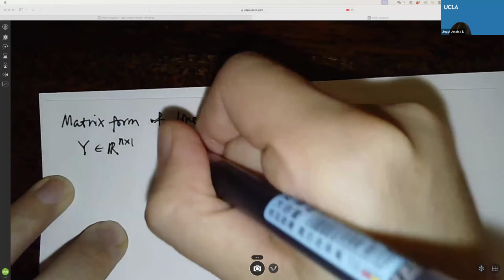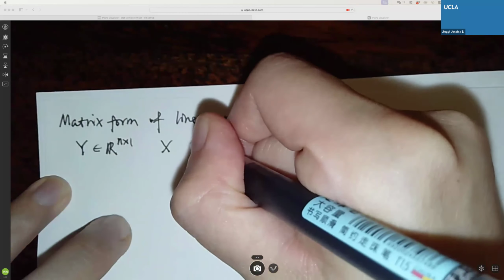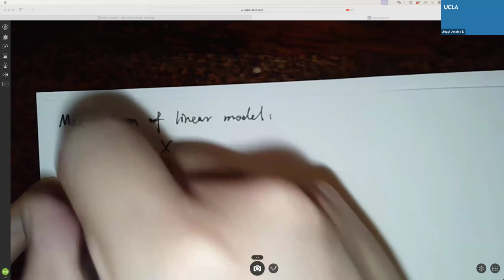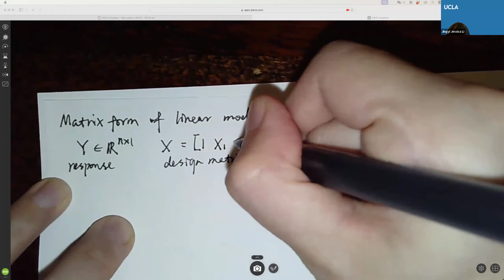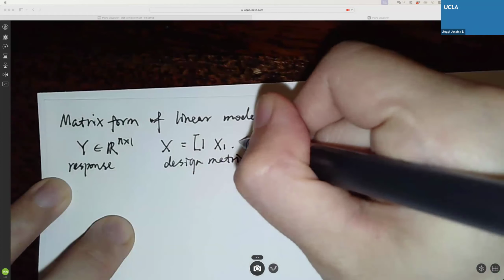And we have x as the design matrix, which we specify it to be n by p. But please note that in this class, we consider the first column to be just of ones for the intercept. And then we have predictors x1 to xp minus 1, p minus 1 of them. That will give me an n by p design matrix.